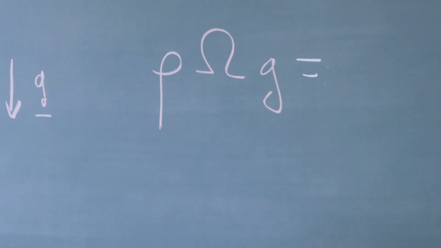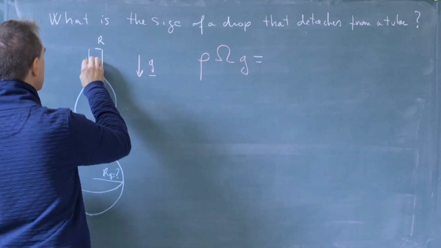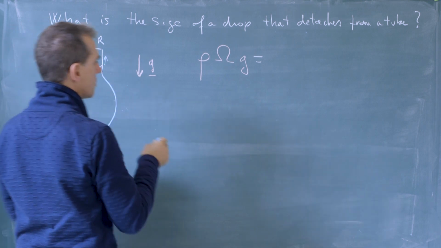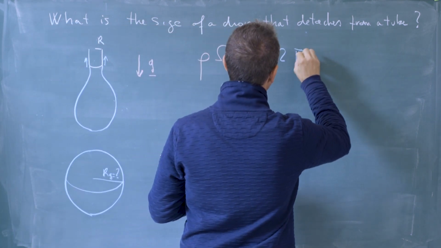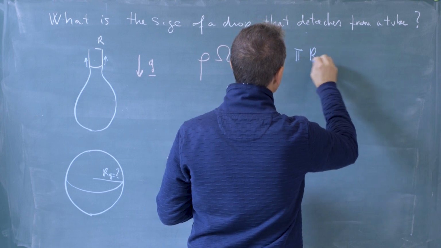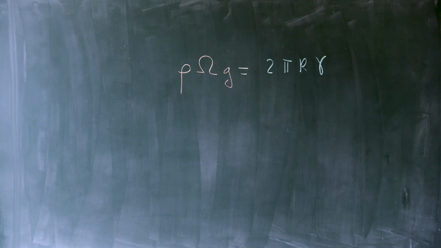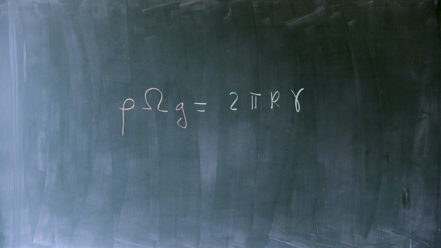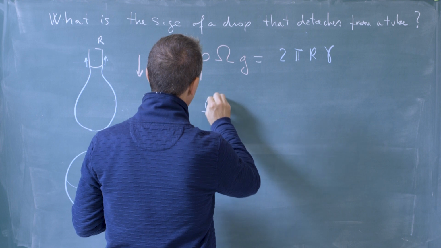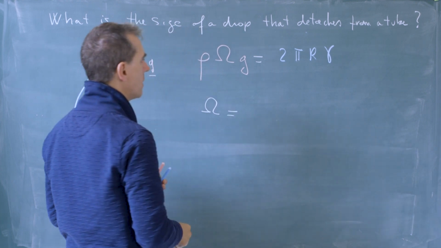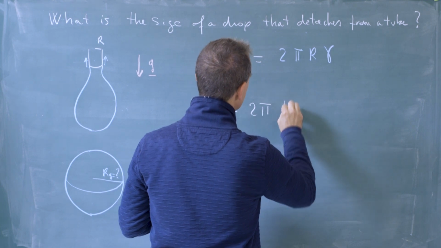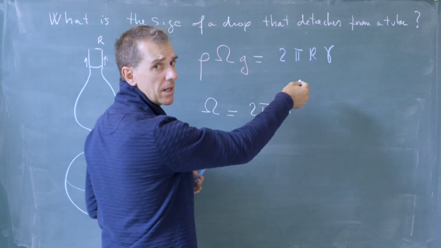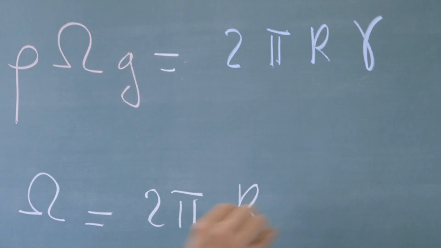And when this force becomes equal to the force that attaches the drop to the tube, which goes like twice pi times the radius of the tube times surface tension, then we will have the detachment. These relationships give us the volume that will detach. The volume that will detach will be equal to twice pi times the radius times the ratio gamma divided by rho g, which is the capillary length squared.